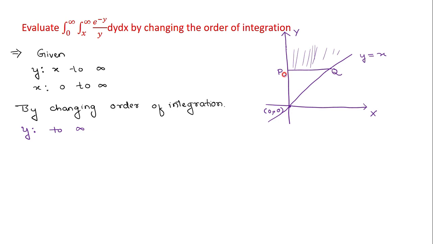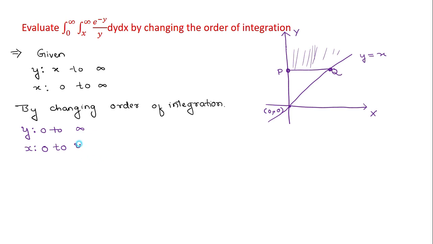Now when you take a horizontal line, we need to consider the limits of x. So x at the point P, which is the point on the y-axis, will be 0, and any x on the line y is equal to x is given by y.